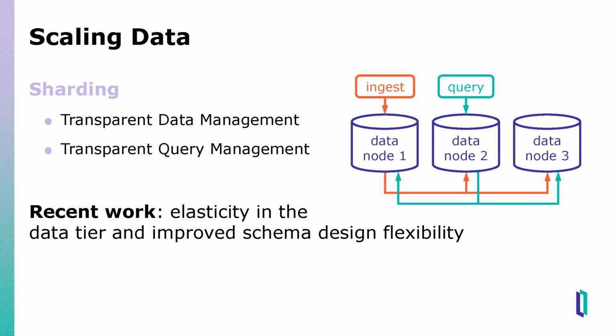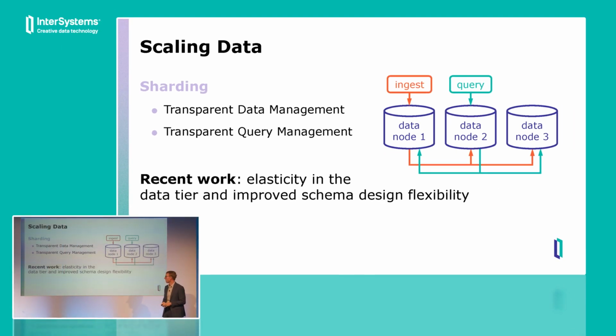Some of the recent work we've done in this area has focused on elasticity, making sure that it can dynamically add and remove data nodes, and that we can rebalance the data to again aim for that uniform distribution without interrupting your queries, without interrupting your workload. And we've removed a couple of older limitations on what you can do on the schema design side.